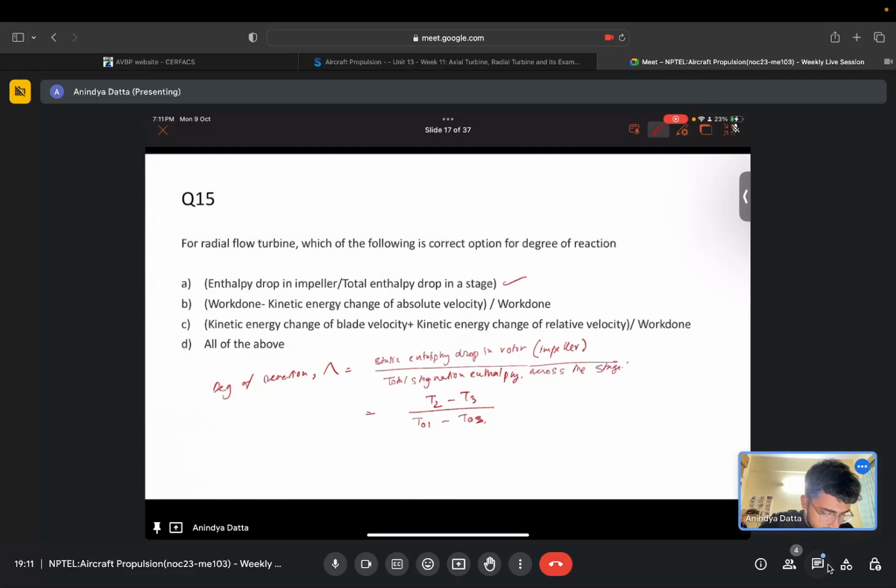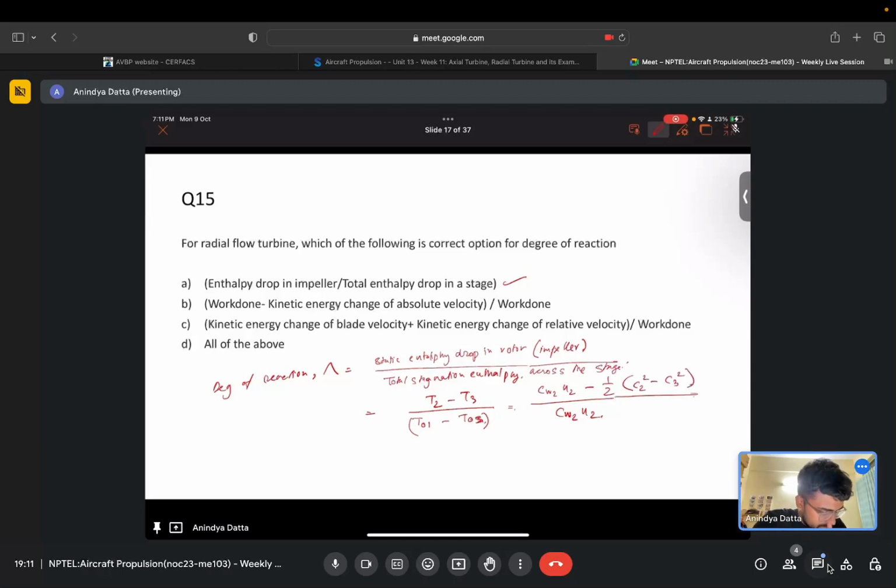Okay, so now for this T01 minus T03, if you go back to the derivation, you can write the denominator as CW2U2, and the numerator as CW2U2 minus half C2 square minus C3 square.